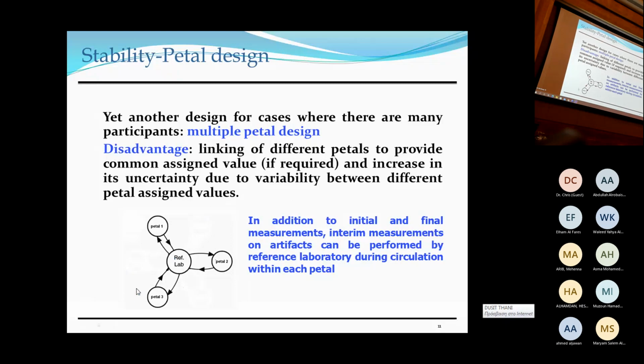So you have a reference lab, and then you have several petals of labs which perform the measurements sequentially, and once they finish, they send the transfer standard back to the reference lab for it to be checked for stability. The same is done for a second petal, and the same is done for another petal. So this is more expedient, and it saves a lot of time, actually, with regard to the work placed upon the reference lab.